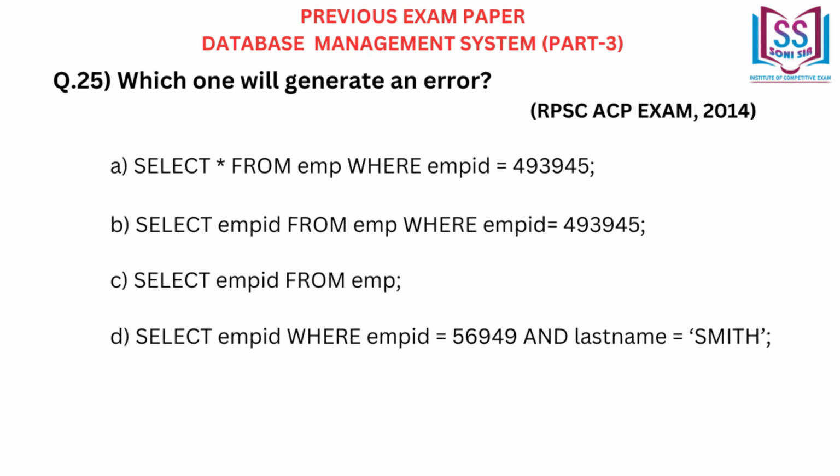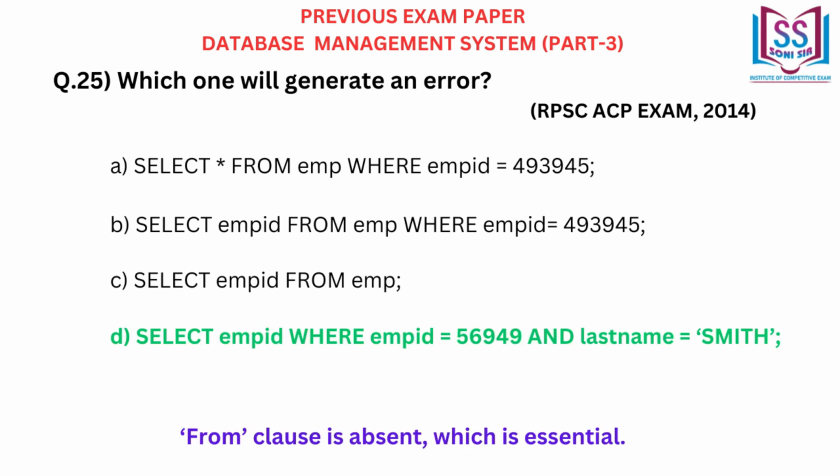D. Select employee ID where employee ID = 56949 and last name = Smith. Correct answer D. Select employee ID where employee ID = 56949 and last name = Smith. From clause is absent, which is essential.